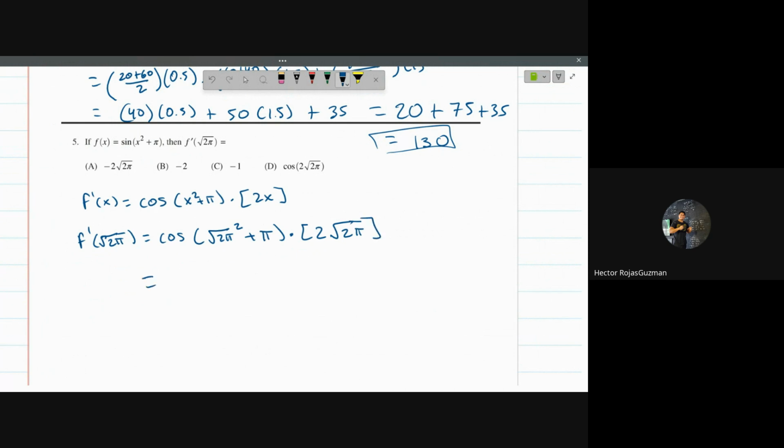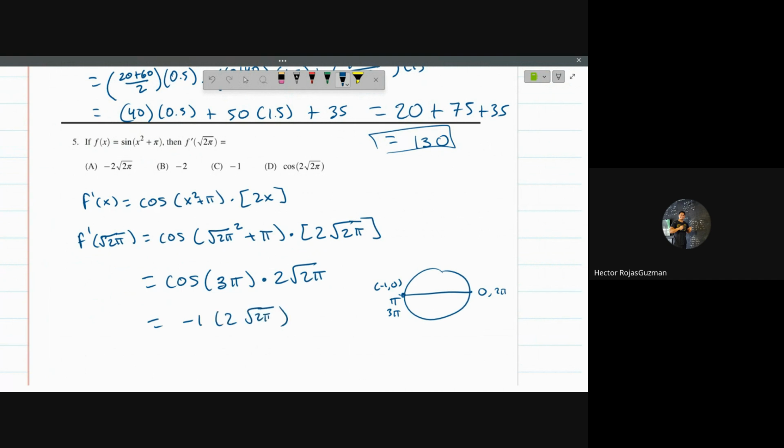Okay. Well, inside of the cosine, the square and the square root cancel each other out, giving us 3 pi. Cosine of 3 pi, if you think about your unit circle, 0, pi, 2 pi, 3 pi. My coordinate is negative 1, 0. So cosine of 3 pi is negative 1. Which means my answer should be A.